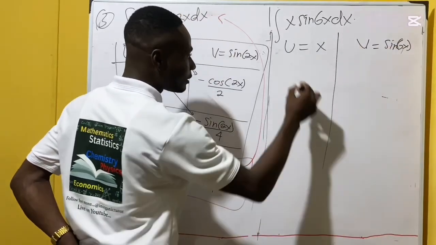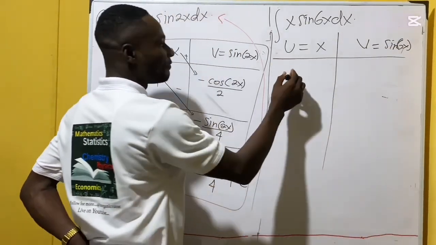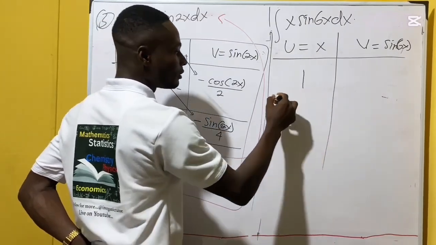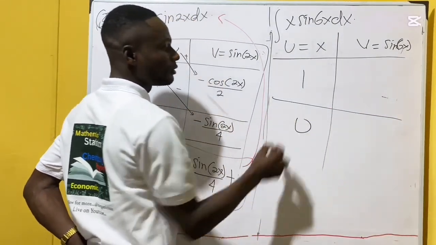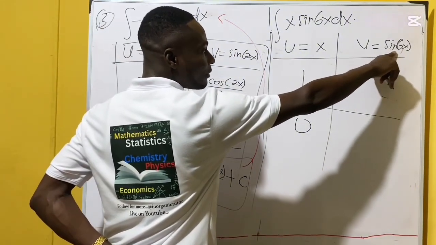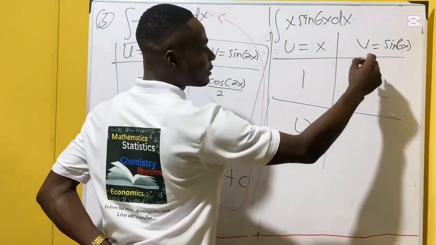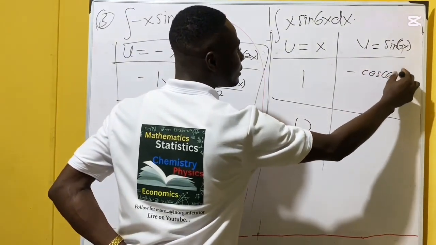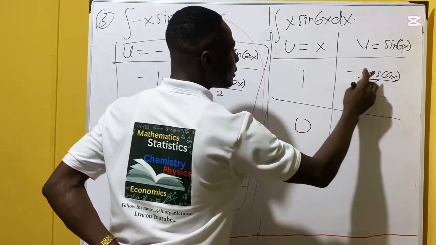So we have x differentiated, we have 1, go down again, 0, right? Then integrate the v, which is the sine 6x, and we have negative cos 6x on 6, right?